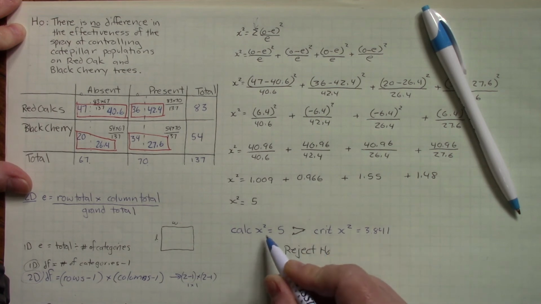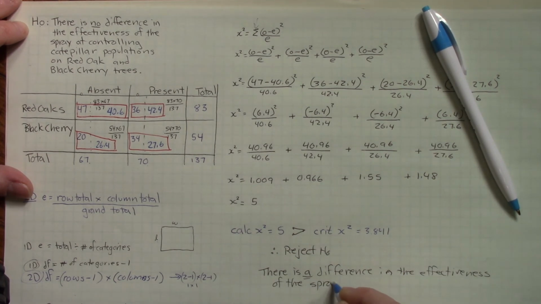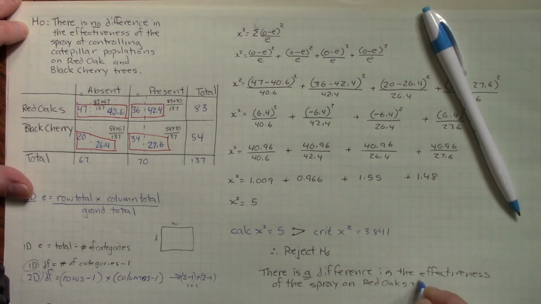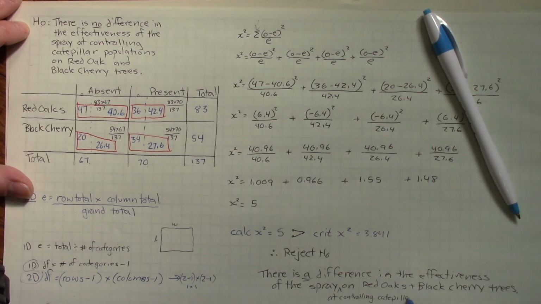Our calculated chi-squared has crossed that critical threshold. This means that there is a difference in the effectiveness of the pesticide spray at controlling caterpillars on red oaks and black cherry trees.